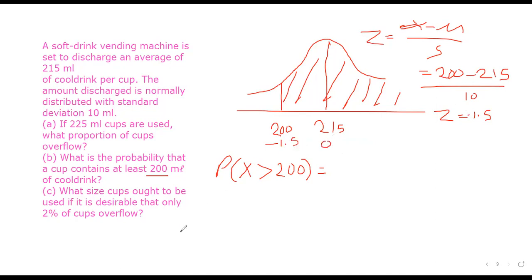So at this point, we're going to read from the table. But before we read from the table, there are principles. You can tell from the shading whether we're going to subtract or read direct. What do we do here? Are we reading direct or subtracting from one? Reading direct, because the shading is big.